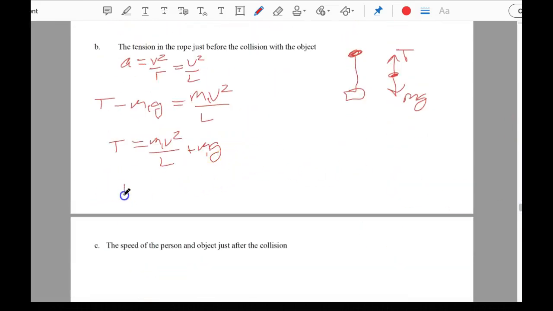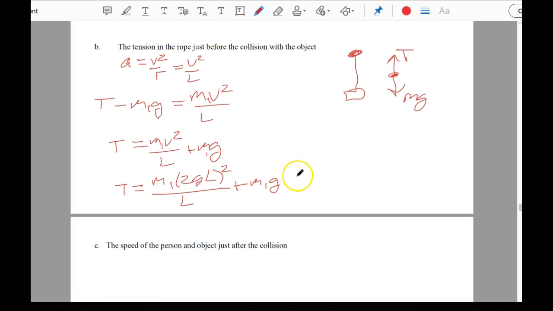So now we're going to say T is equal to m1 times 2gl, squared, over L, and we're going to add to that the m1g.